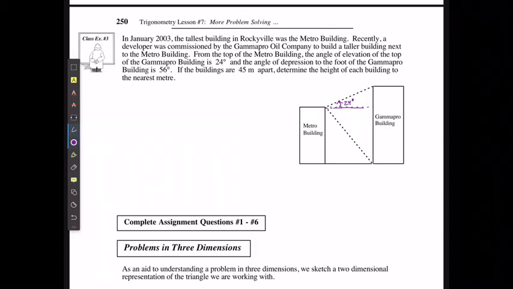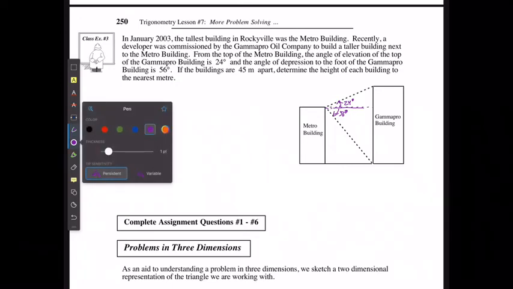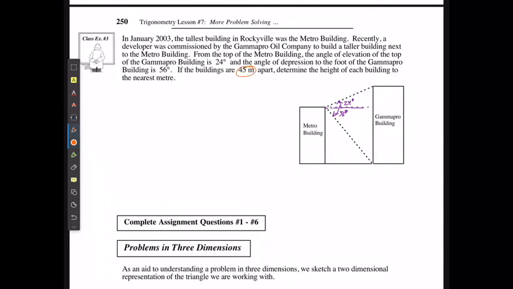And the angle of depression to the foot of the building is going to be 56 degrees. If the buildings are 45 meters apart, then determine the height of each building to the nearest meter.